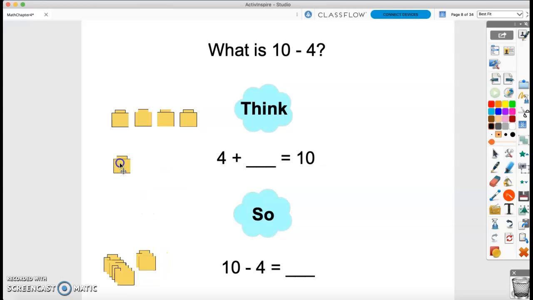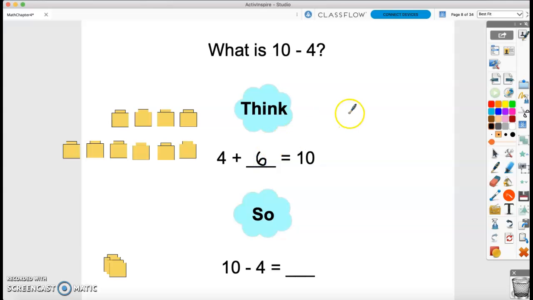So I'm going to keep counting. 5, 6, 7, 8, 9, 10. So I have 1, 2, 3, 4, 5, 6. So 4 plus 6 equals 10.